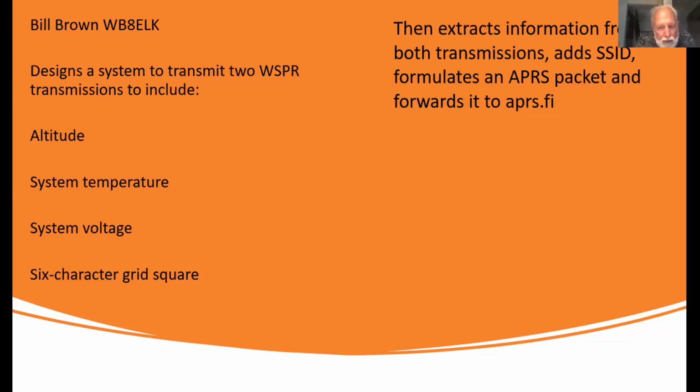So as far as APRS.FI is concerned, this is a signal that has been received over the air on 2 meters. But in fact, it's a signal that has been created by Bill Brown to make it look like an APRS signal, forwarded to APRS.FI, and at that point we can get on the internet and track the balloon.